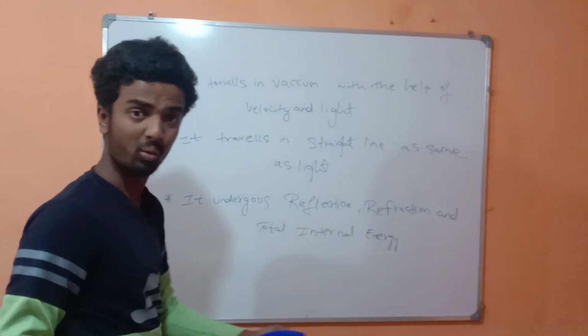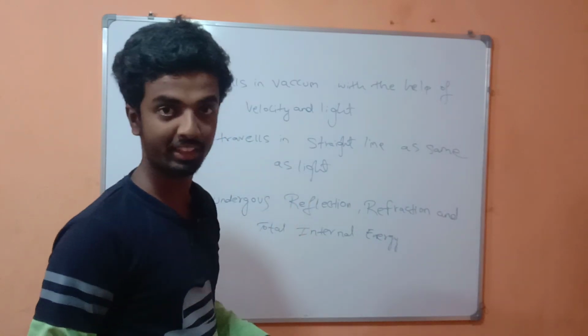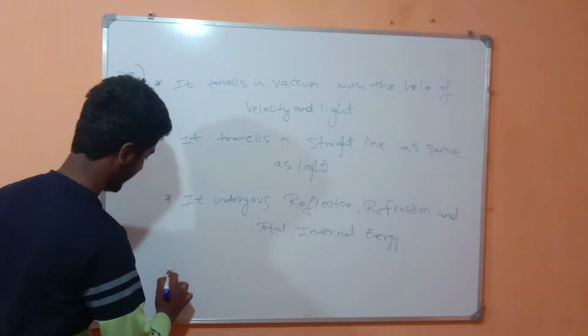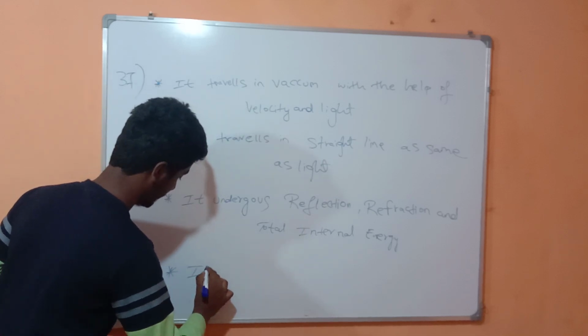It means it undergoes reflection and refraction as well as total internal reflection, children. Let me write another point. This is very important, children. The last point, you should not miss this.